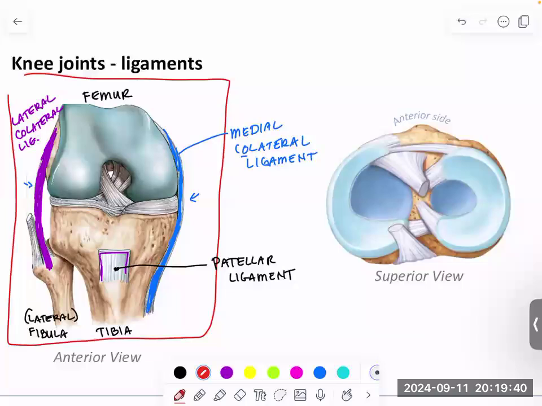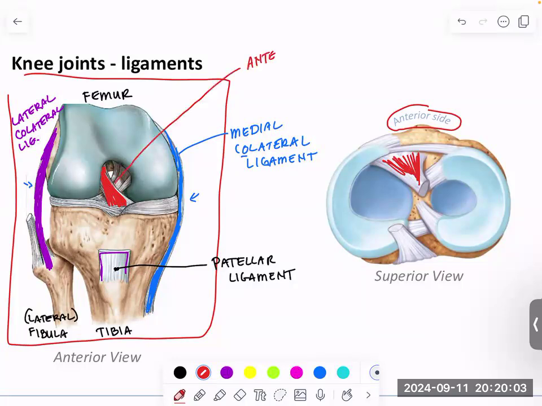This one goes out here and attaches to the front of the tibia. Here's the top view. Here's the anterior side. If it attaches to the front of the tibia, that one is your ACL.